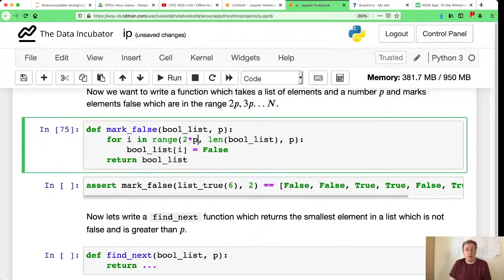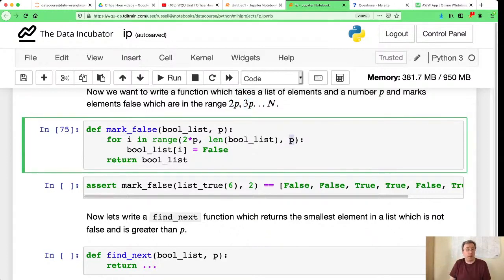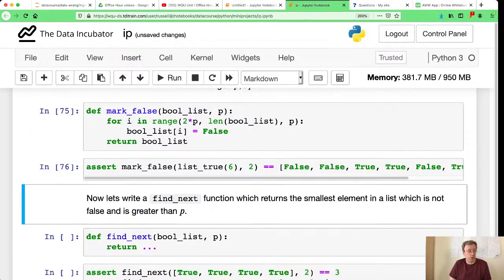I go up to and include up to the end of the length of this list. And I go in steps of p. So I'll have 2p to start with, and then 3p, and then 4p, and 5p, and so on. So, right, this parameter here says I go up in steps of size p. I mark all the values at these indices to be false. And we shall pick up here tomorrow.